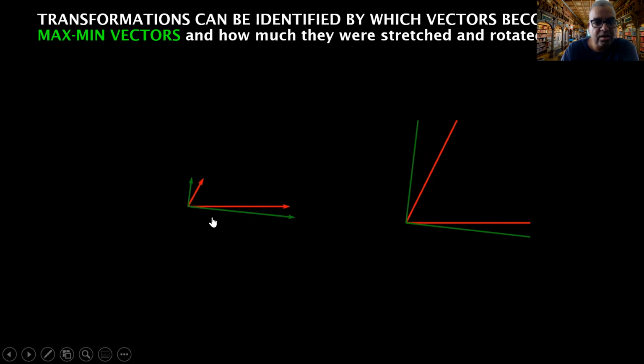Can you see it became longer and it rotated. Let's play that again. So look at this side. Can you see how much it got stretched? And this side, you can see how much it got rotated. Can you see how much it got longer or shorter, how much it got stretched, and how much it got rotated.